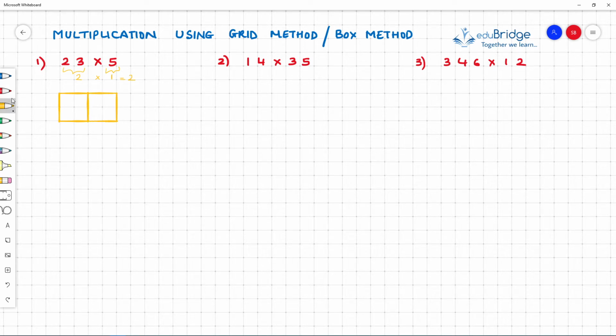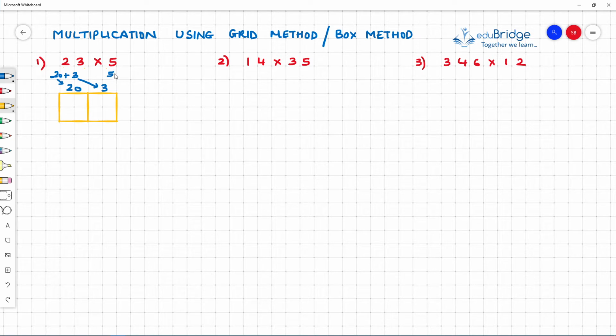Now, how do we put numbers onto this grid? 23 can be written down as 20 plus 3, right? We can break this, and 5 can be written down as just 5. We put the first number here, 20, and the second number here, 3.